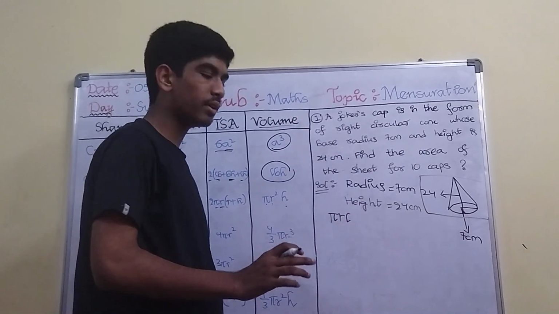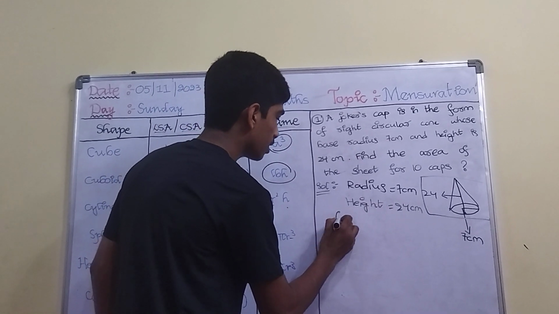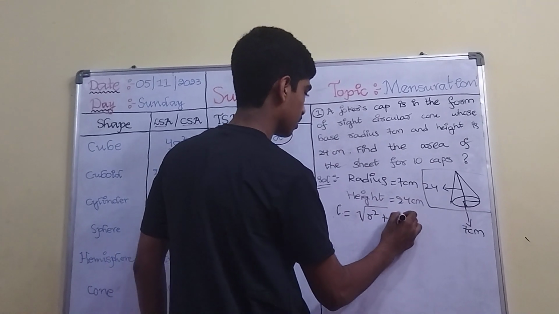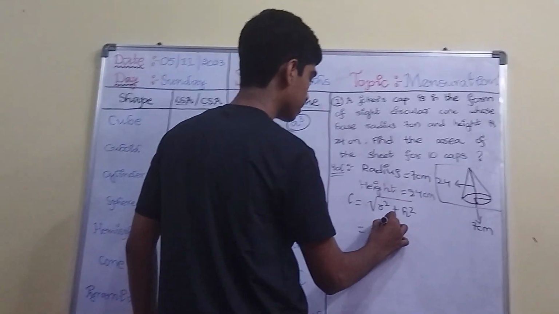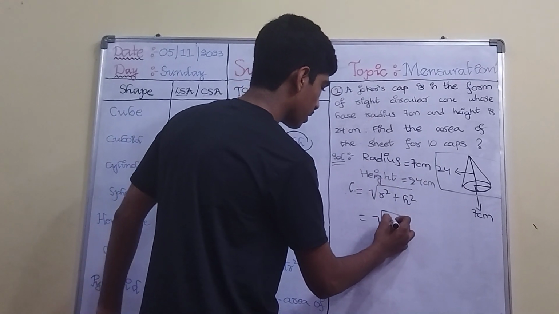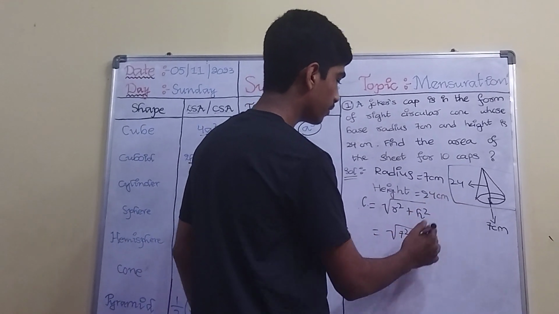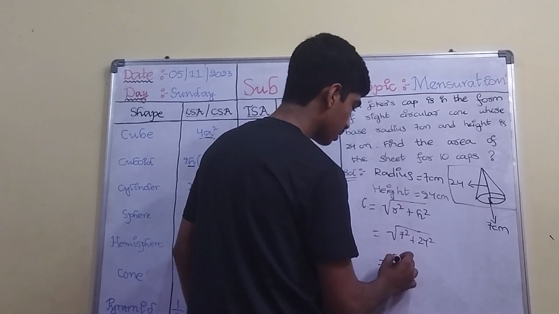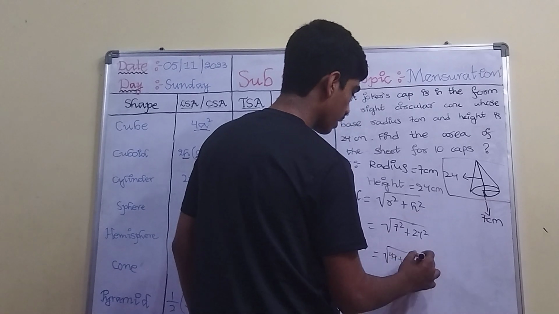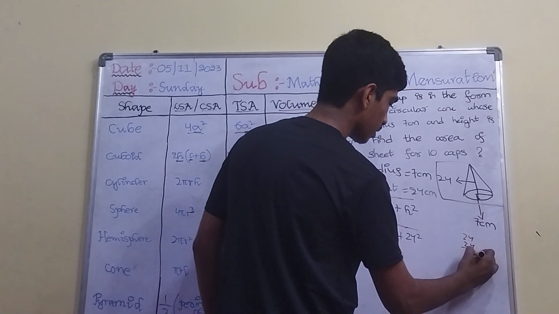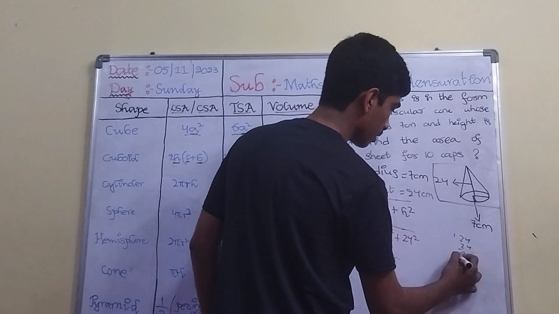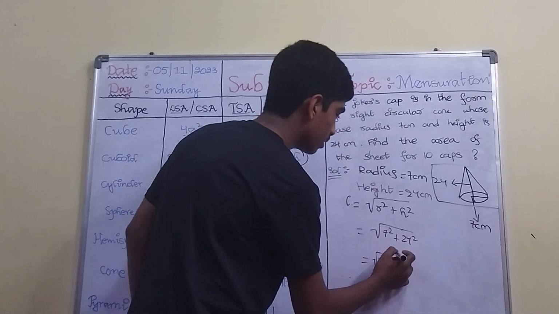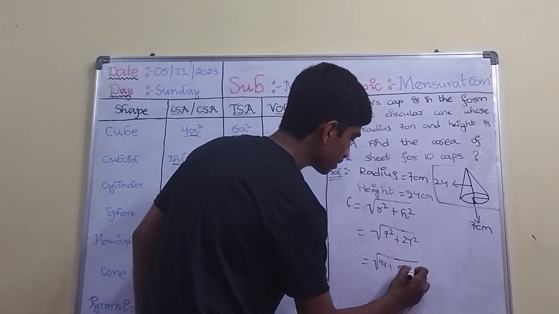So if we have to find the value of L, the formula is under root r square plus h square. This is the formula. What is radius given here? 7. 7 square plus h square. What is height? 24. 24 square under root, what is 7 square? 49 and 24 square is 576.